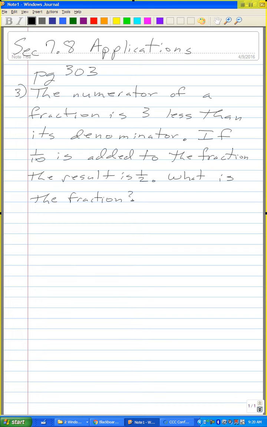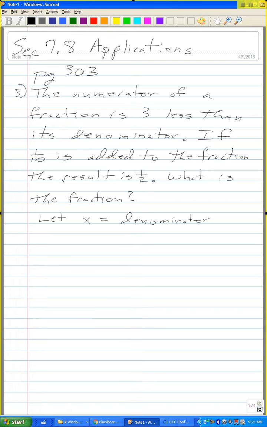Okay, so let's do this. Let x equal the denominator of the fraction.